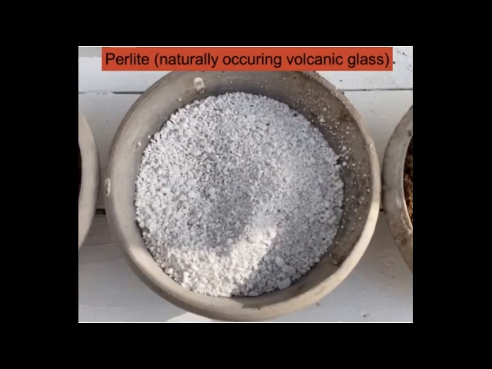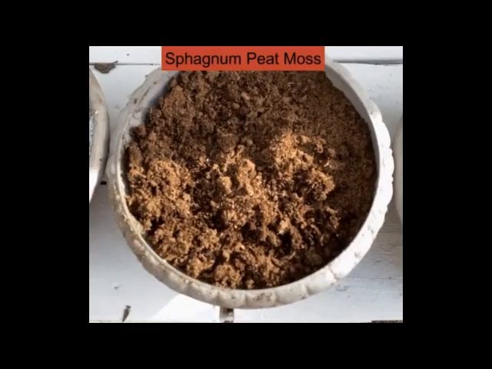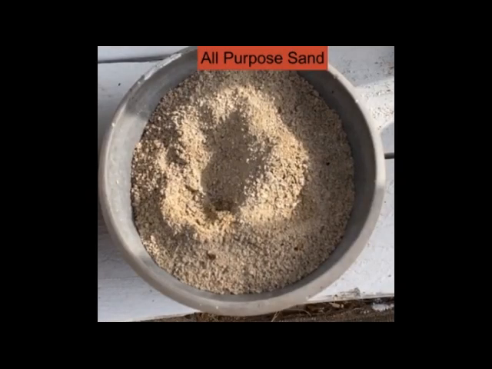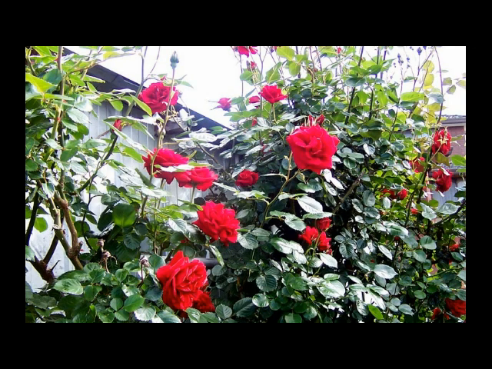You should have perlite. You should have sphagnum peat moss. And you should also have all-purpose sand. And here comes the thing. When I ask the roses, they say, no, we don't like that. We can grow on it, in it, but we don't like it.